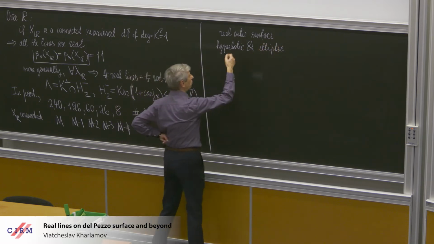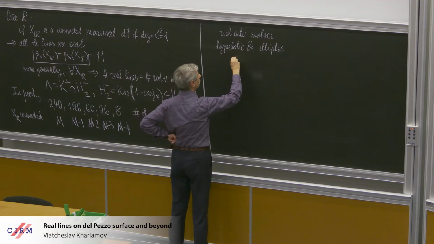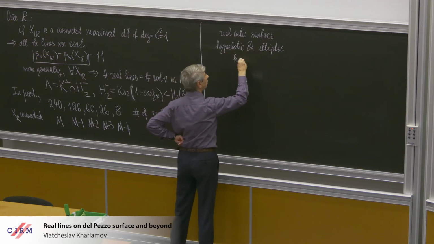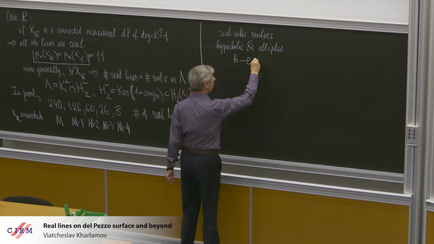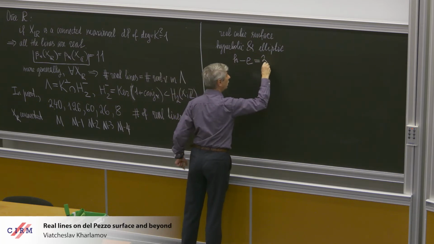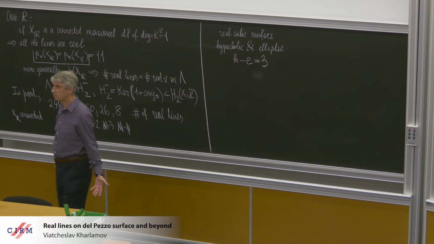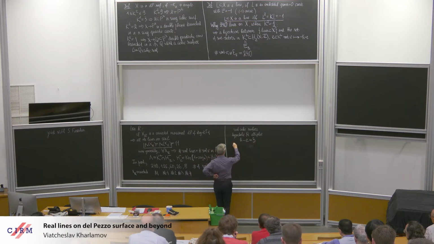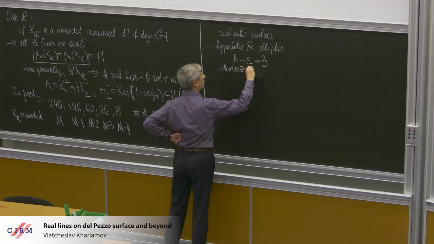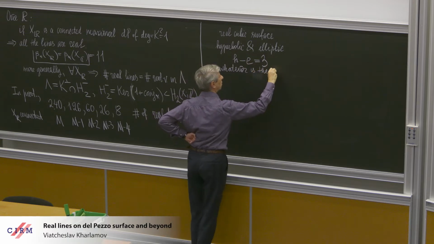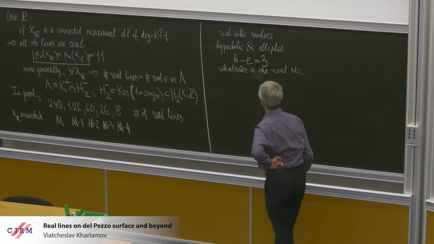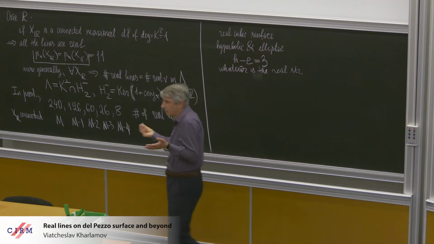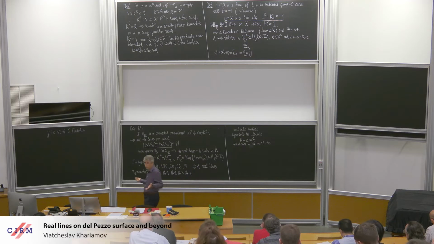And if you count hyperbolic lines with the sign plus and the elliptic with the sign minus, then you get 3, whatever the real structure is. I mean that whatever cubic surface you have chosen.